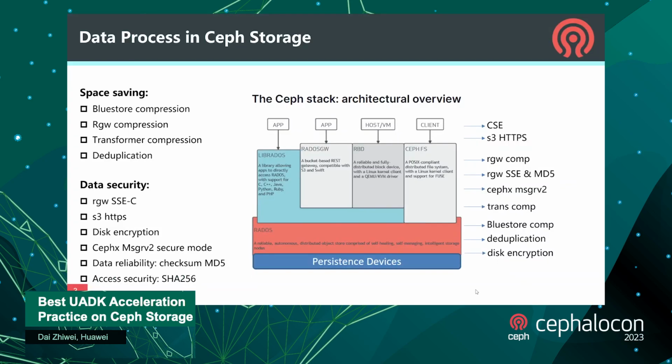Then we come to OSD and BlueStore. Okay, we have BlueStore compression and fingerprint computation of deduplication. At the device layer, disk encryption is the last defense of data security.